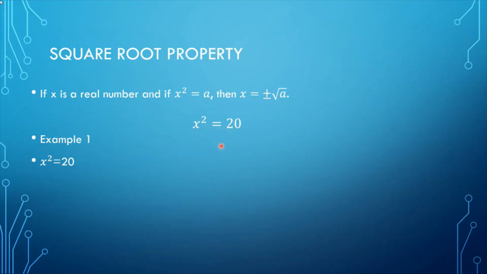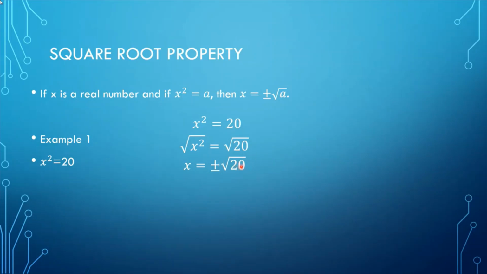x squared equals 20. Take the square root of each side. You end up with x on the left-hand side because the square root and the square are opposites of one another. They cancel each other out. And then because of the cancellation here and using the square root property, you end up with this plus or minus. Now you can simplify this. This should remind you of a previous section that we went over.